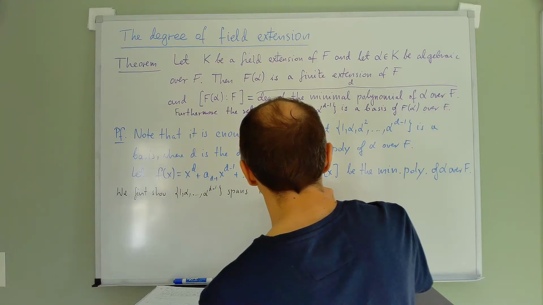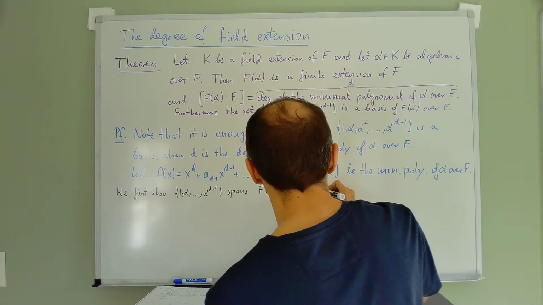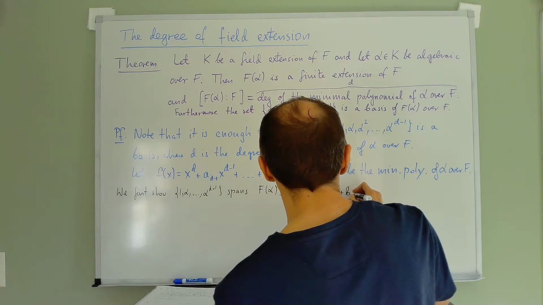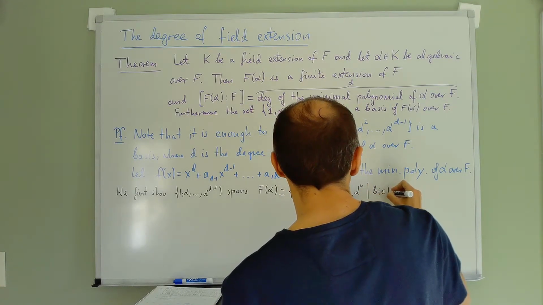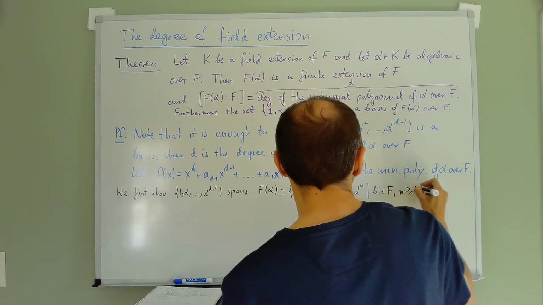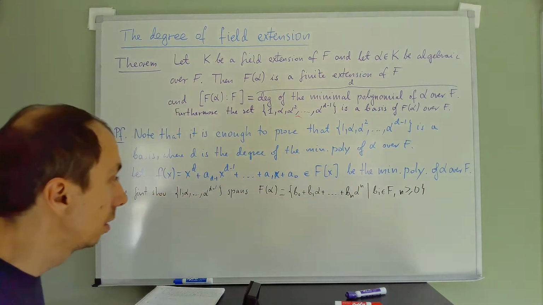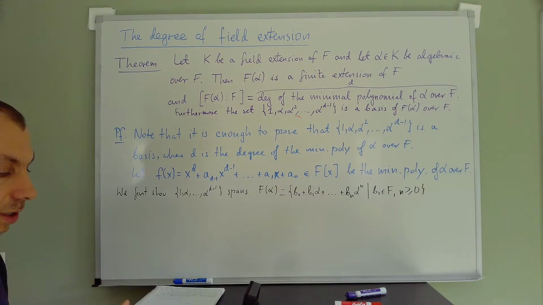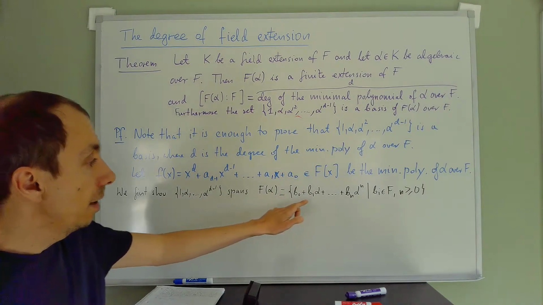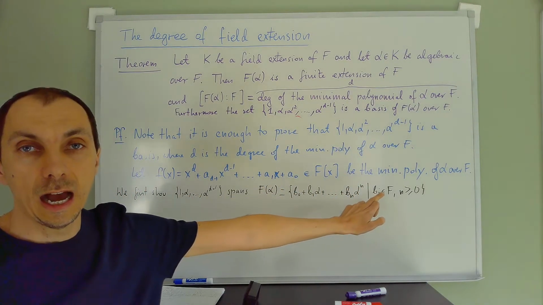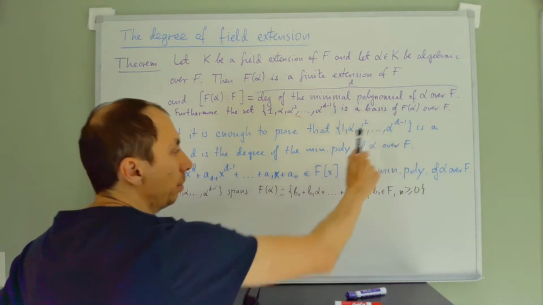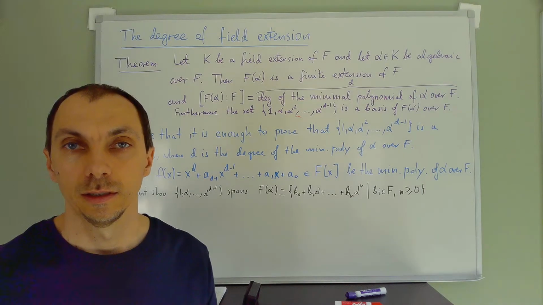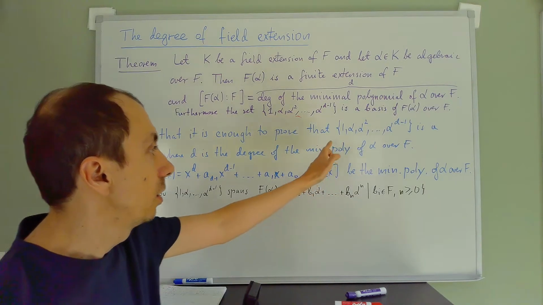So b0 plus b1 alpha plus dot dot dot bn alpha to the n, where bi's are in f and n is any non-negative integer. So that means what I have to show is that every such expression, no matter how big n is, can be written using just powers up to d minus 1. That's what it would mean that this set spans.